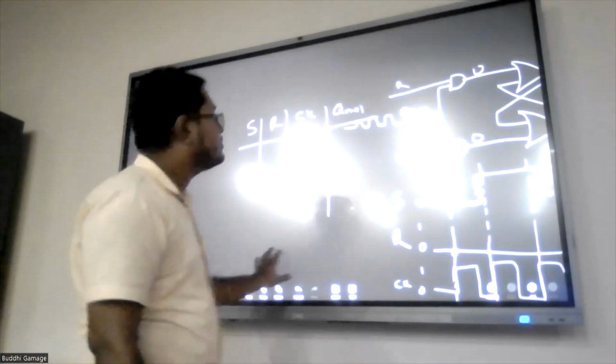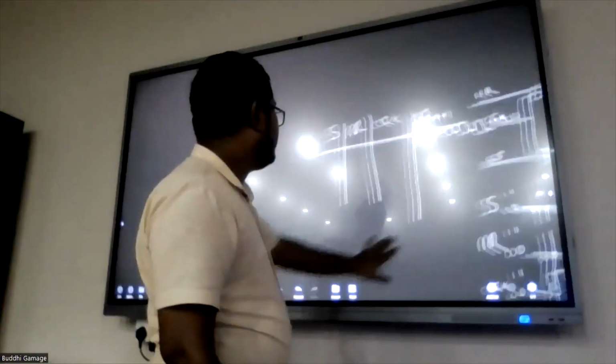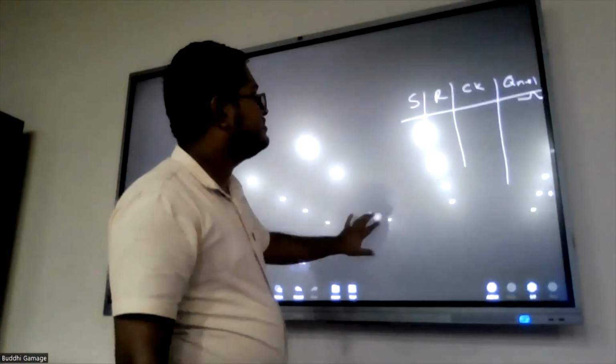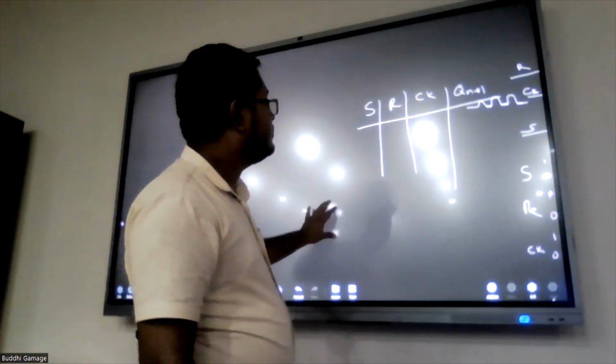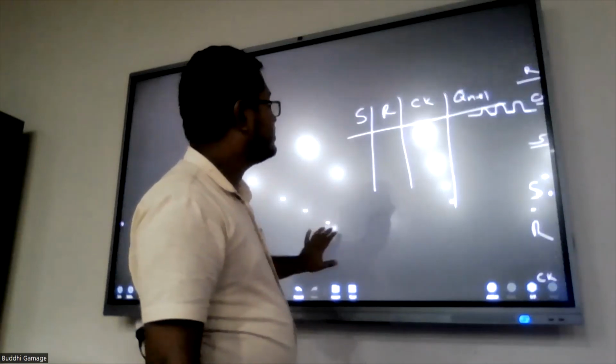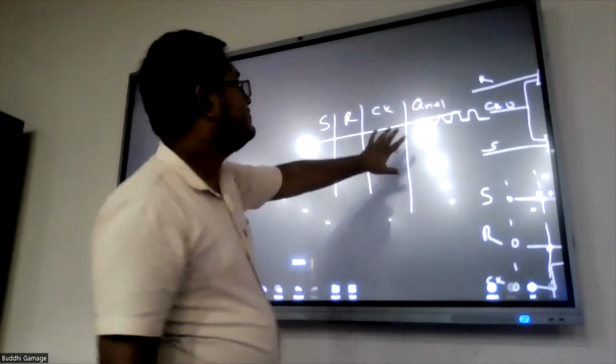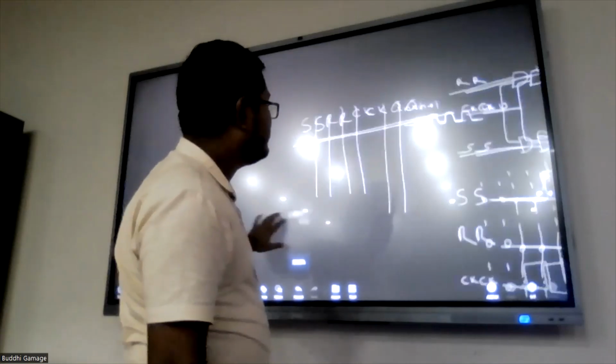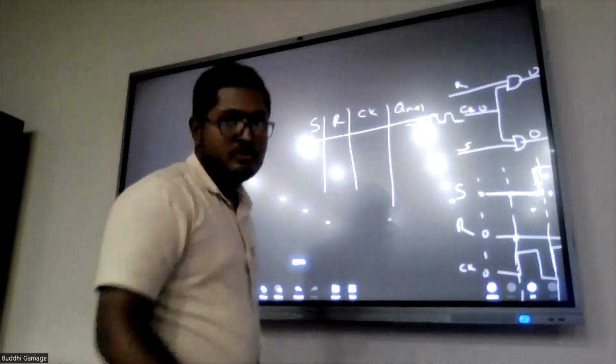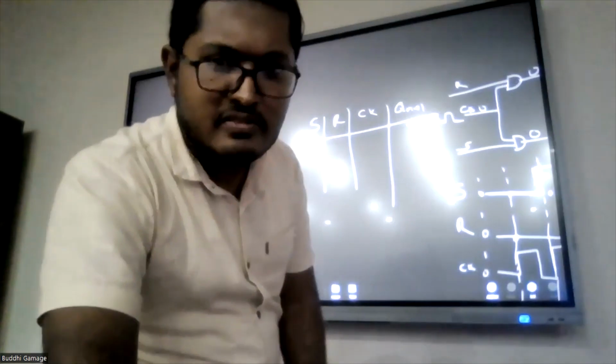Right, I think you can draw this one. And again, you can draw the circuit based on the previous output, that is Q(n) as well. So it is in your tutorial test like this.